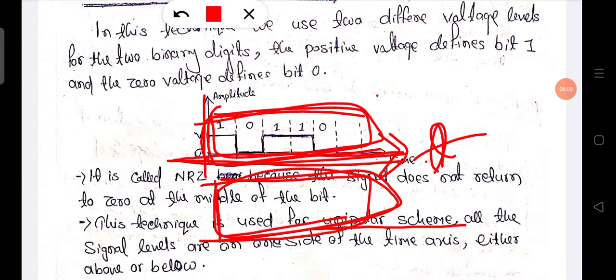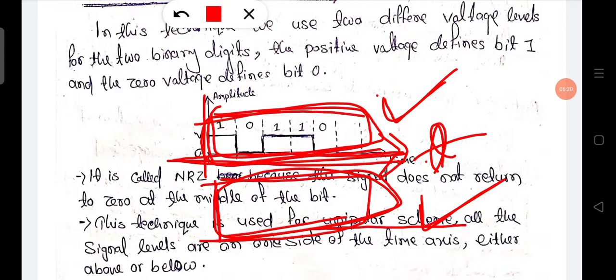In unipolar, the signal is either on the positive side or on the negative side. Okay, that means all the elements of the signal are all on the positive side or all on the negative side.